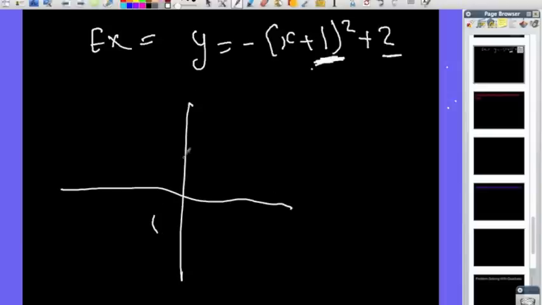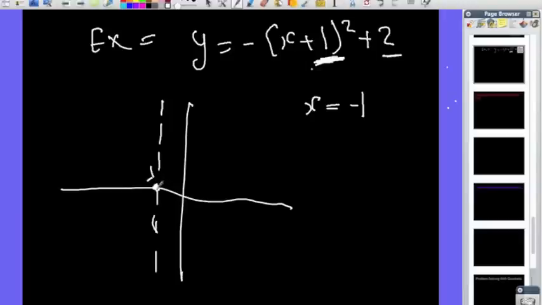Since the y-intercept is 1, and the x-coordinate of the vertex is -1, the axis of symmetry is x equals -1, which would be here, right?